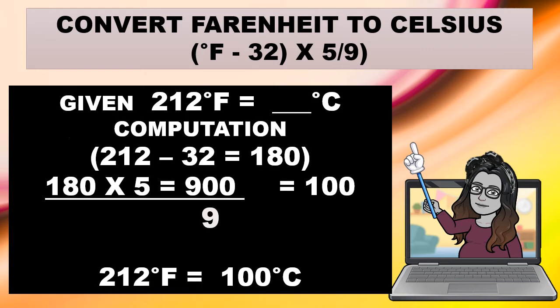Then 180 times 5 is equal to 900. Let us divide it by 9. It is equal to 100. Therefore, 212 degrees Fahrenheit is equivalent to 100 degrees Celsius.